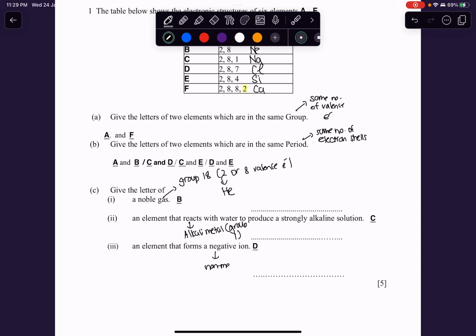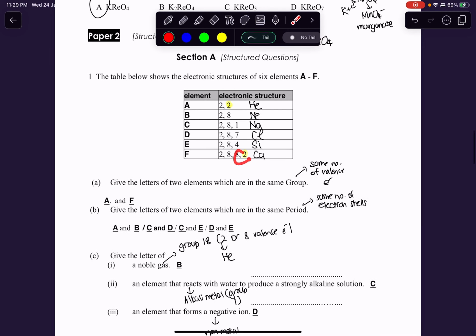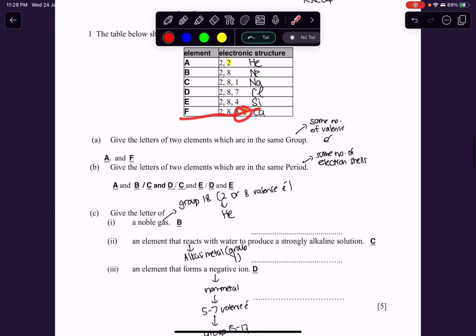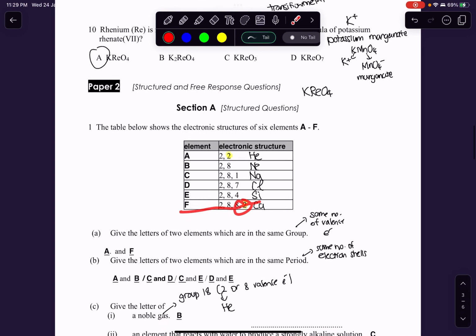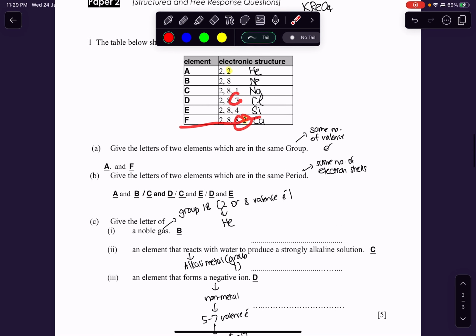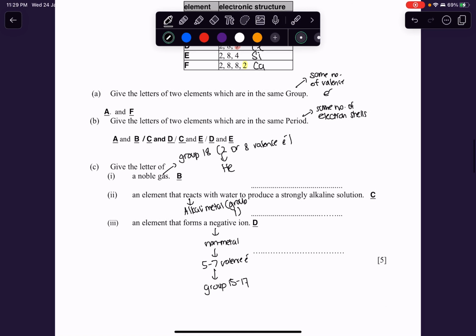Only non-metals form negative ions, which means it has 5 to 7 valence electrons, group 15 to 17. So here you check, only D will satisfy because D has 7 valence electrons, the only one that has 5 or more. So the answer is D for part 3.